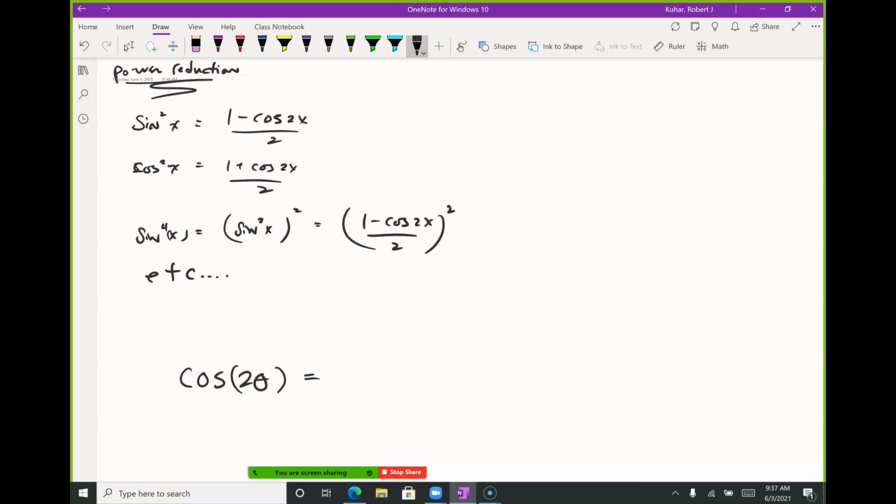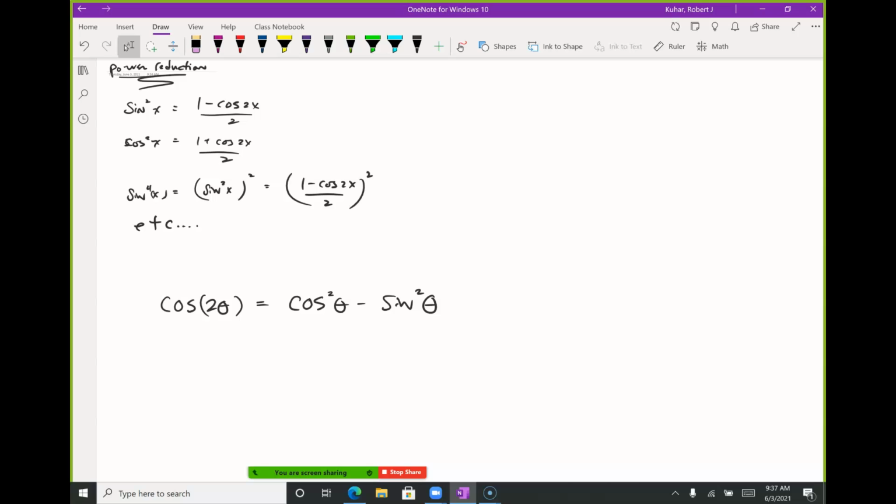This formula should be on your sheet. The one I always remember is cos squared theta minus sine squared theta. And so you can see now here in my two power reduction formulas, I've got a sine squared or a cos squared, right? So I'm just solving for one of these, and then I'm going to try and simplify as much as I can.